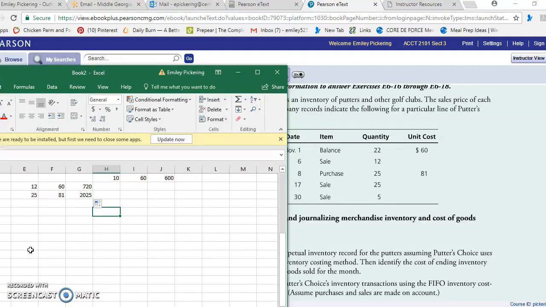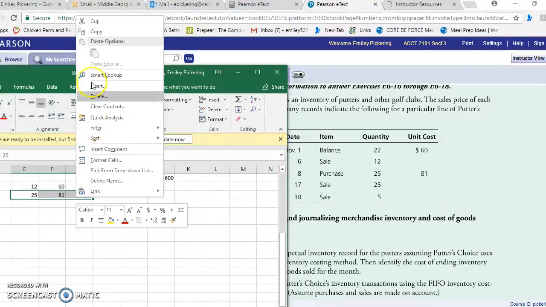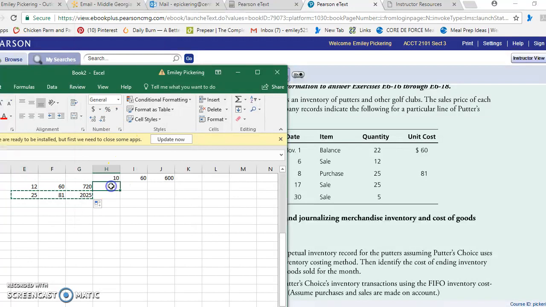So this is our inventory. We have 2,625 here. Then I have another sale of 25.